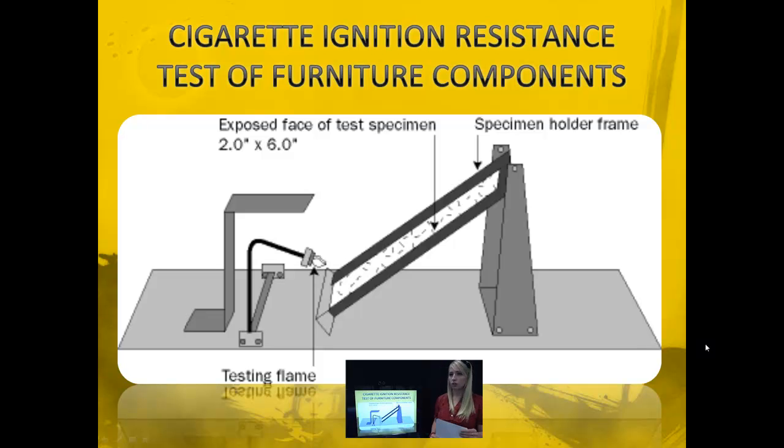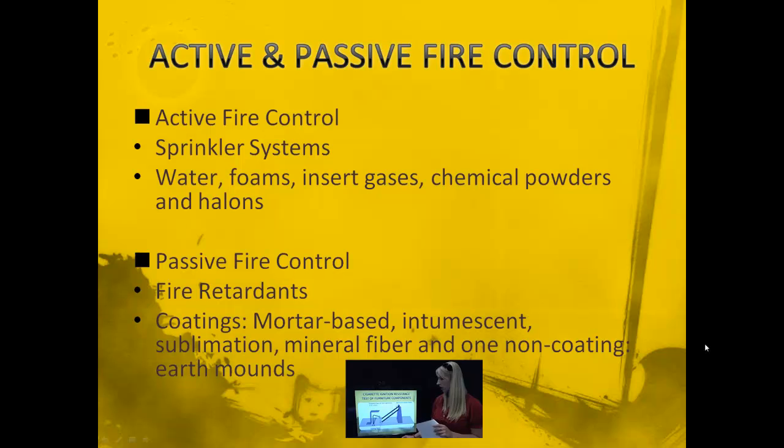Some buildings now don't allow smoking, so sometimes this isn't always the issue, but this test method is intended to estimate the performance of upholstered furniture under a cigarette, and it is not intended to measure the performance of the furniture under the conditions of open flame. It's just to test for cigarettes, just for what it says it is. And there's also more information on that in my paper.